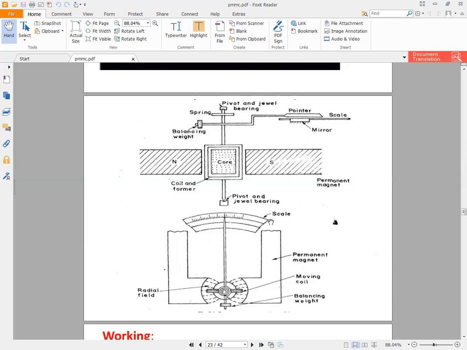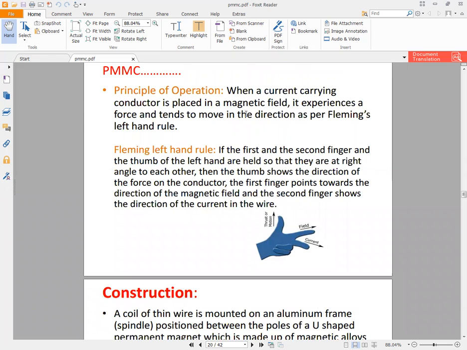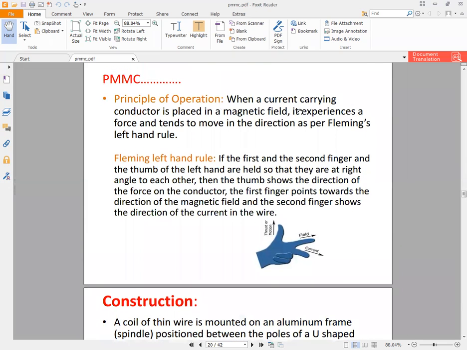So this is our working principle, and the direction of this force is determined by Fleming's left hand rule. We know that in Fleming's left hand rule, the first three fingers of the left hand should be kept perpendicular to each other.